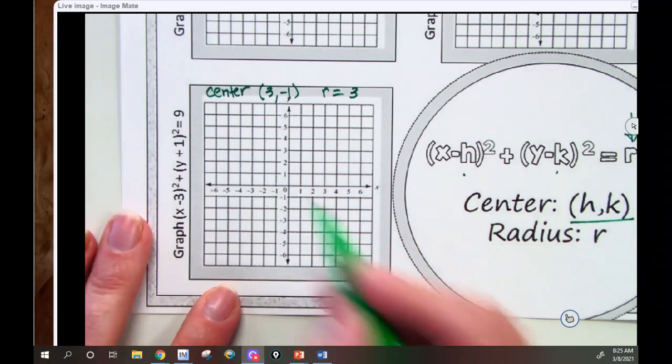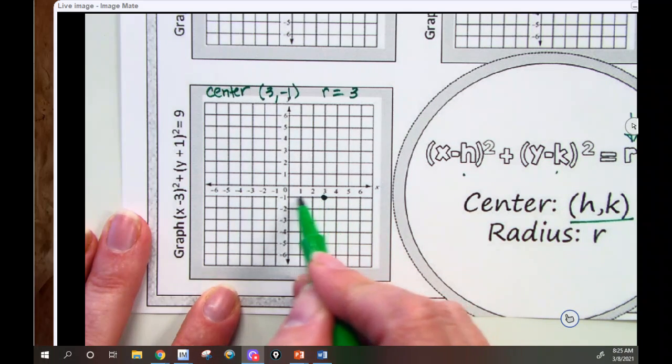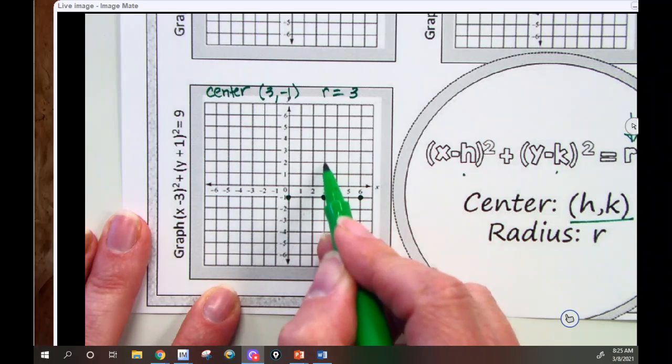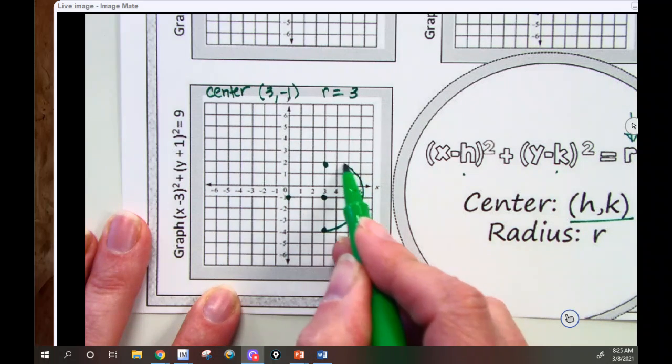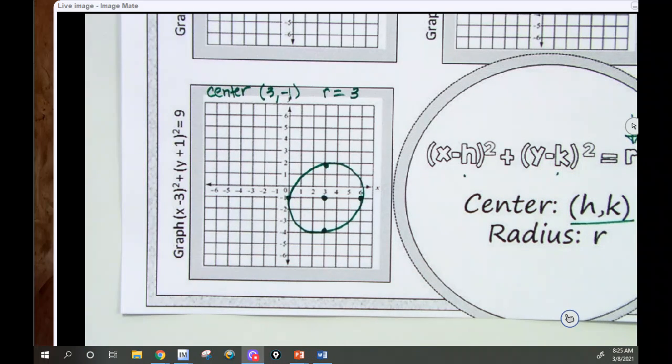So plot that center, 3, negative 1. Left 3, right 3, up 3, down 3. Freehand that thing.